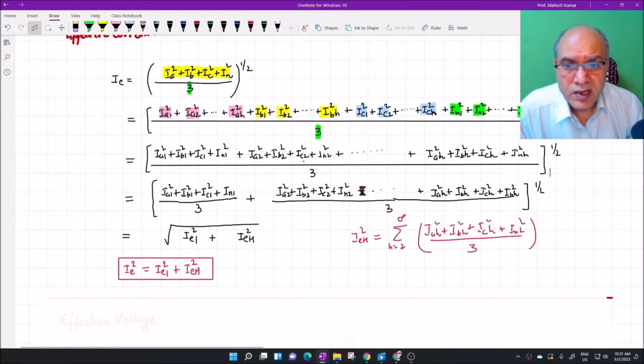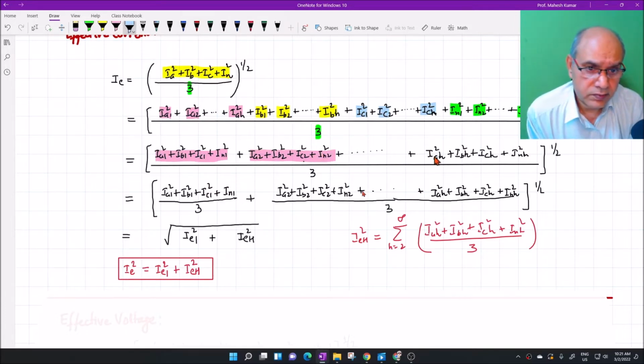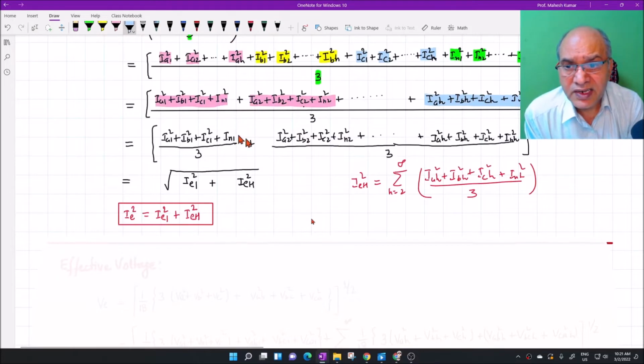Okay. Now if we simplify this, just collect the fundamental terms together. So these are the fundamental. This is the second harmonic for each phase current, and this is the hth harmonic for each phase current. Now this fundamental can be called as IE1 square.